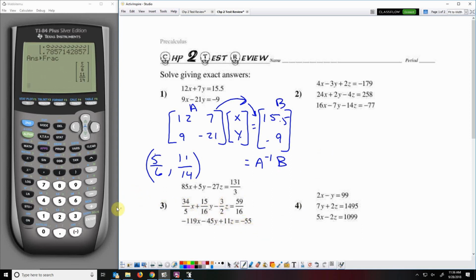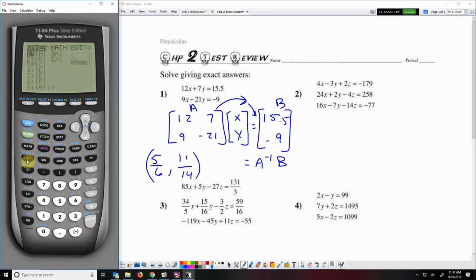Okay, now we've got a 3x3, so I'm going to go back to matrix and edit the first matrix to a 3x3. So I've got 4, negative 3, 2, 24, 2, negative 4, and 16, negative 7, and negative 14.